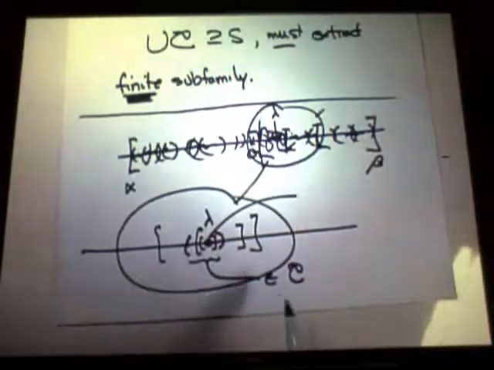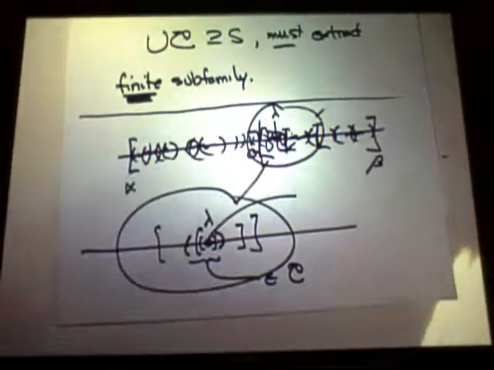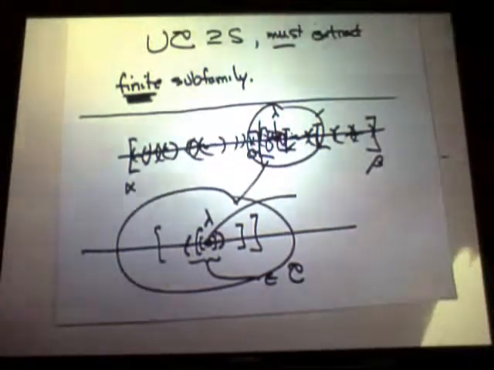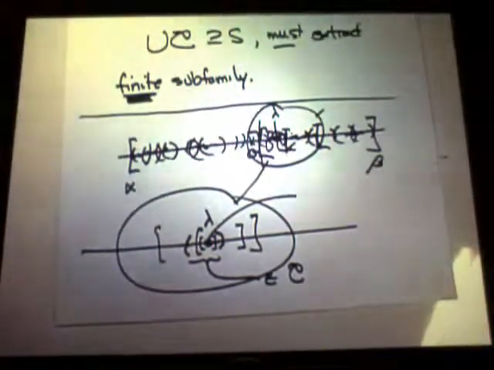But wait, this guy does it. So that's not true, is it? We keep making this argument, need infinitely many, need infinitely many. Oh no, we're so small that only one of them does it, right? One of them does it. So I didn't need infinitely many at some point. That's a contradiction, isn't it? That's a contradiction. And the contradiction means that only finitely many are required at the very outset.